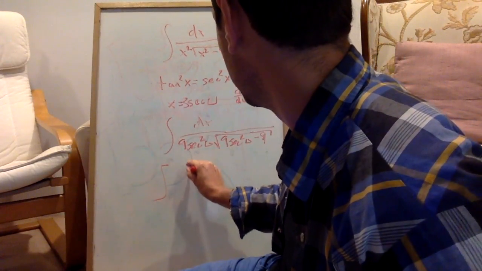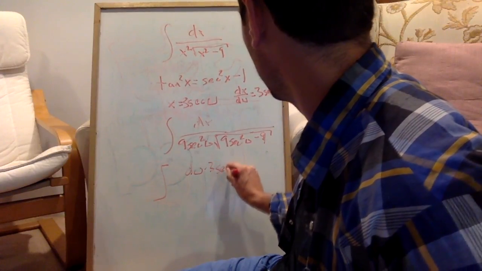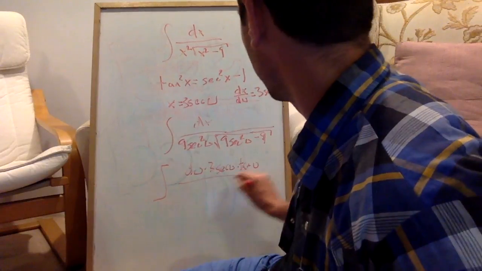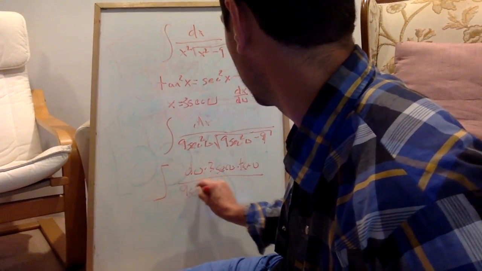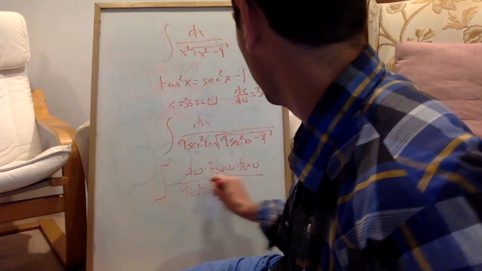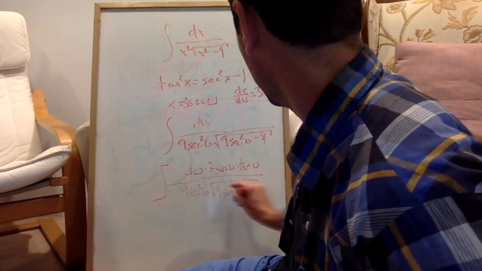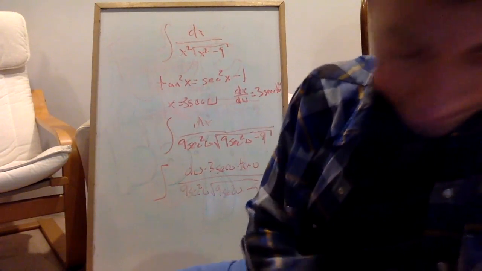So on the top I get du times 3 secant u times tan u over 9 secant squared u root 9 secant squared u minus 9.